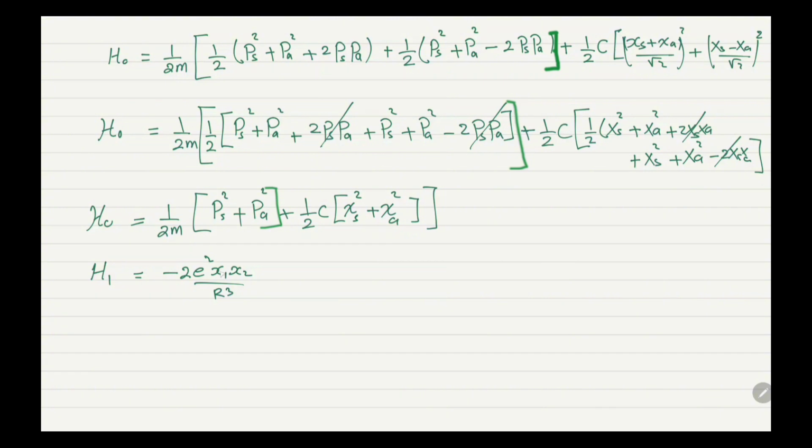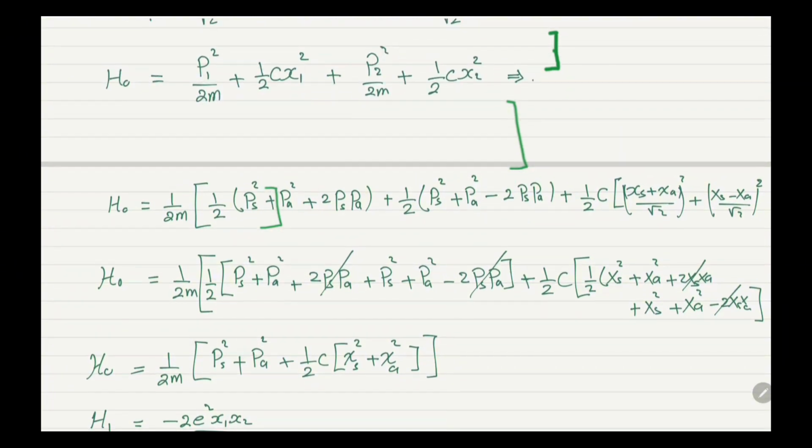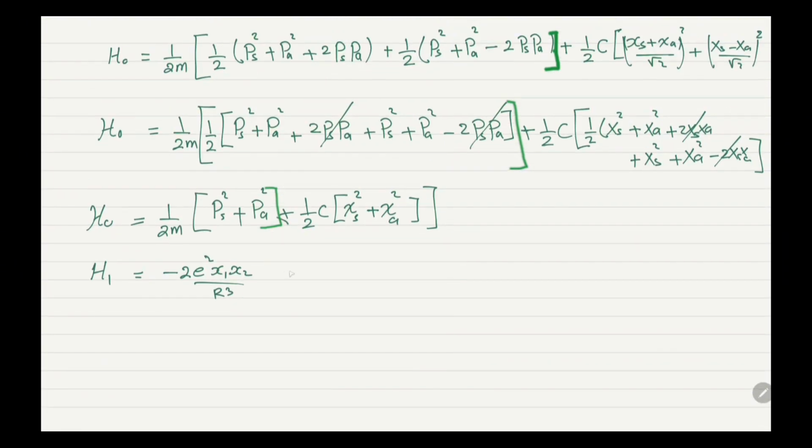Now if you substitute x1 and x2 with the normal transformation modes, H1 equals minus 2e squared over R cubed times 1 over square root of 2 x symmetric plus x antisymmetric, times 1 over square root of 2 x symmetric minus x antisymmetric.